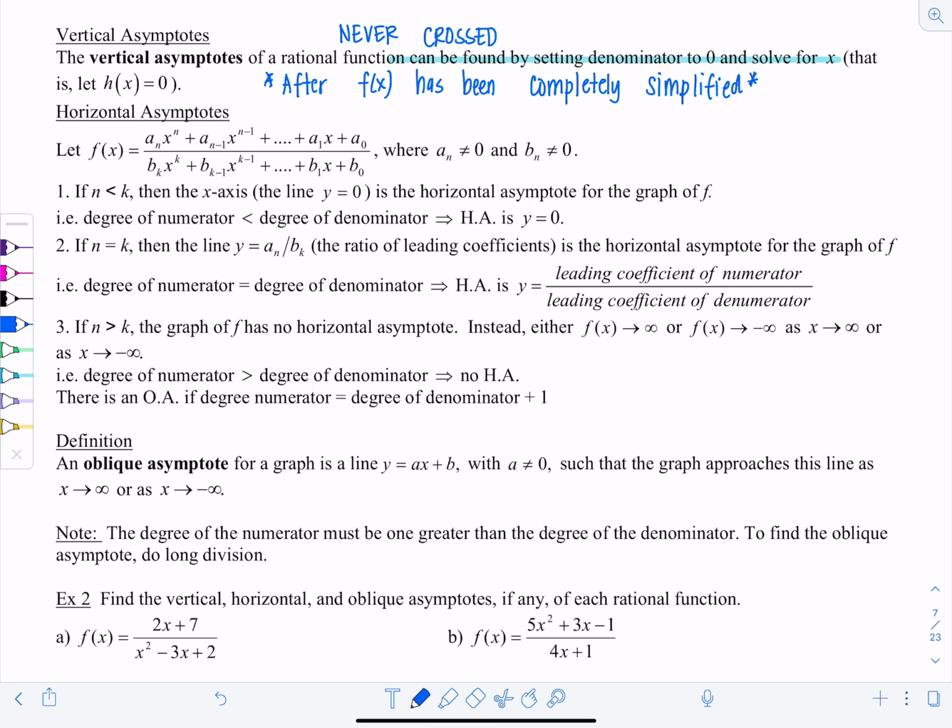Horizontal asymptote, the main thing to remember, especially when you get to calculus, these tell you about the end behavior. And remember, we've talked about end behavior a little bit before when we were looking at power functions in the previous lesson. Basically, if you zoom out, what is the function doing in the long term?